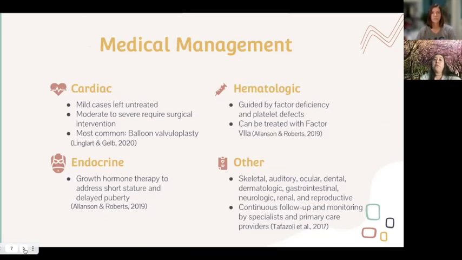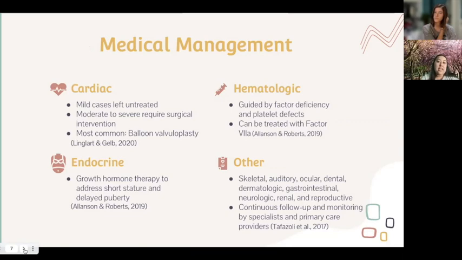When we look at the medical management for Noonan syndrome, like I stated, most individuals do have some type of cardiac deficiency. Some of these mild cases can be left untreated. However, if an individual has a moderate to severe cardiac condition, these do require surgical interventions.